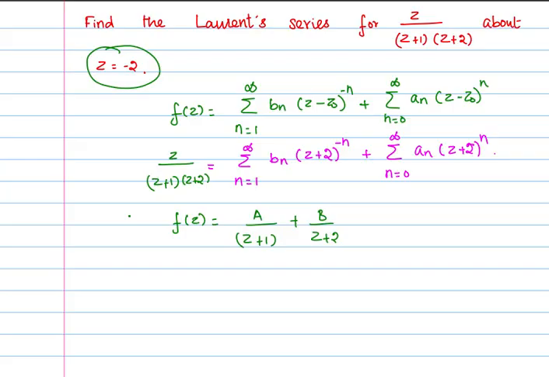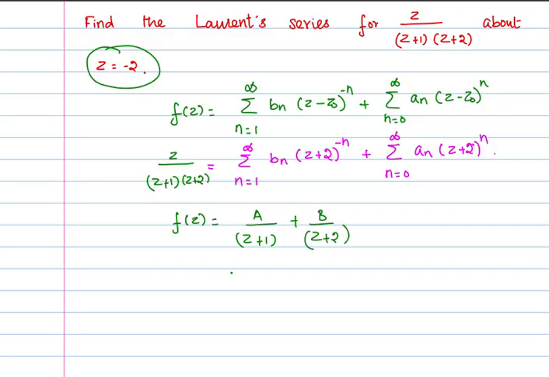That is, we are going to do the partial fraction. Before that, we check whether the given function is a proper rational function, meaning the degree of the numerator is less than the degree of the denominator. It is true, so I am going to do only the partial fraction.